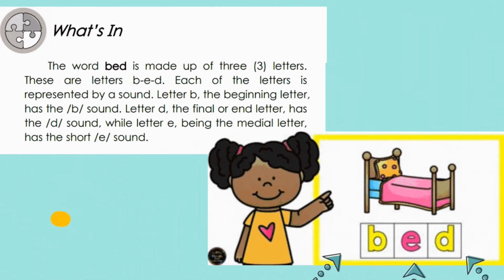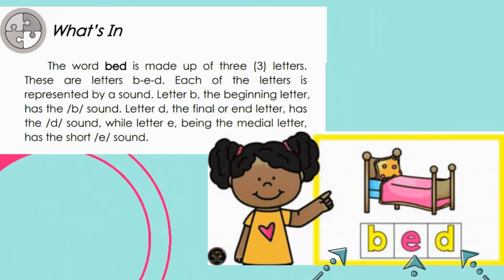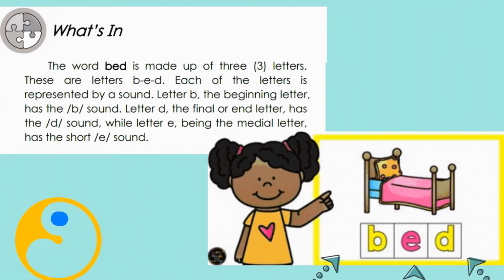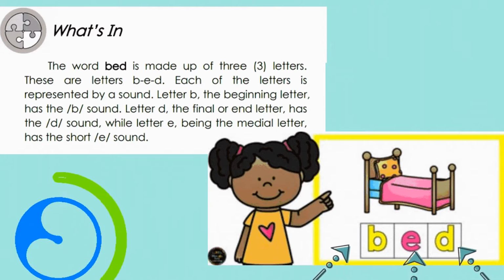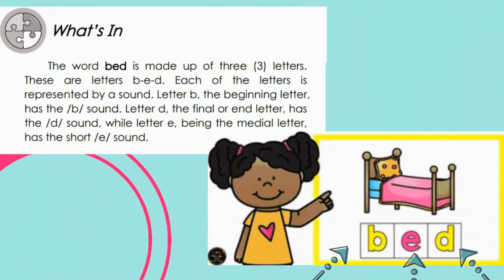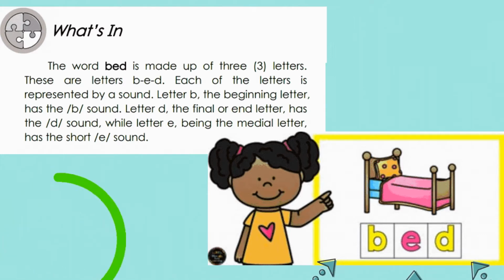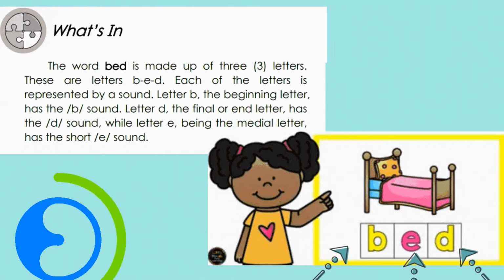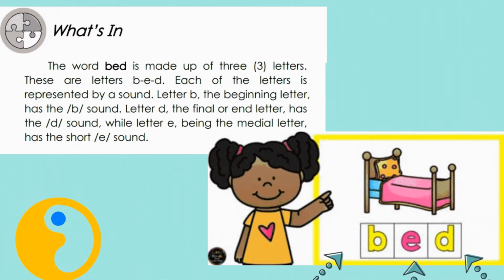These are letters B, E, D. Each of the letters is represented by a sound. Letter B, the beginning letter, has the B sound. Letter D, the final or end letter, has the D sound, while letter E, being the medial letter, has the short E sound.